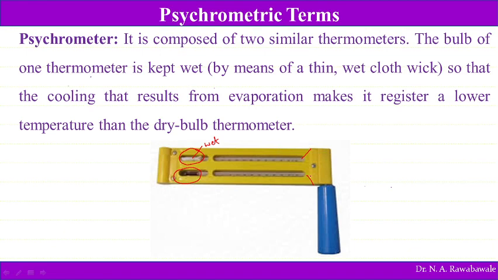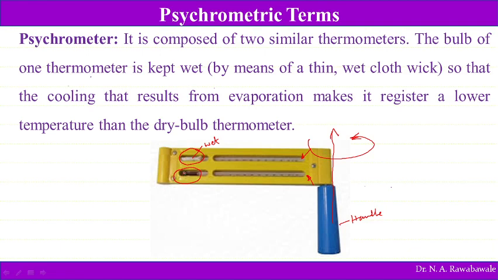This combination contains both thermometers, one to measure dry bulb temperature and another to measure wet bulb temperature, and it has a handle. With the help of this handle, the thermometer is rotated around a vertical axis in the air, so that sufficient air comes in contact with the bulbs of the thermometer and it can measure the lowest possible temperature.